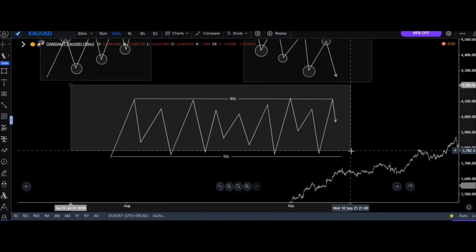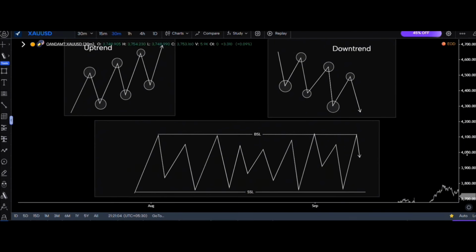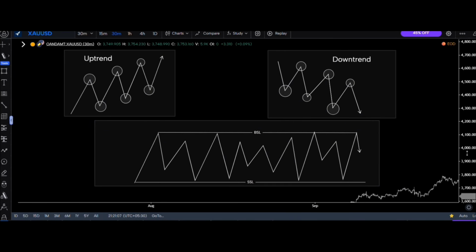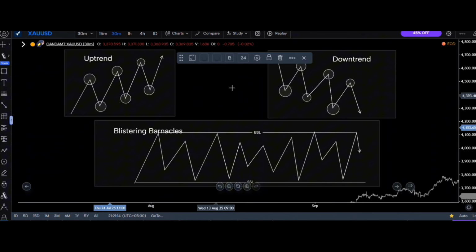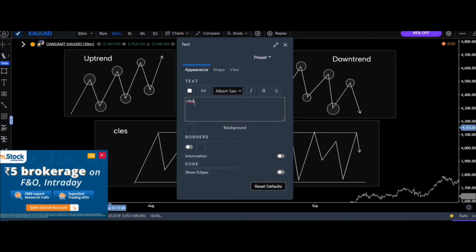This is called a consolidation market. Let me write down here, consolidation market.